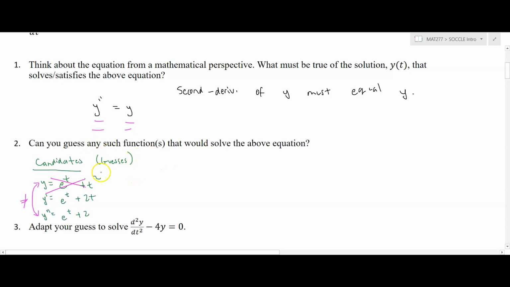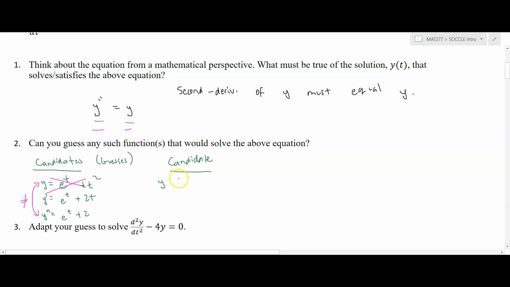So I have to begin thinking, if I'm going to be strategic here, not just guess, I have to guess things that I know that when I take their derivatives, eventually I get the same function back. Well, another guess might be an exponential, because here I even see that an exponential, when you take its derivative, you keep getting the same function back, right?